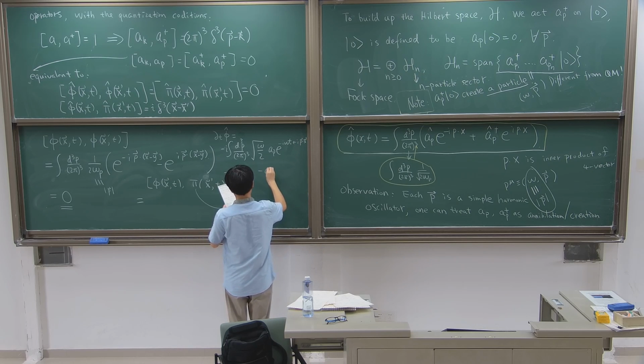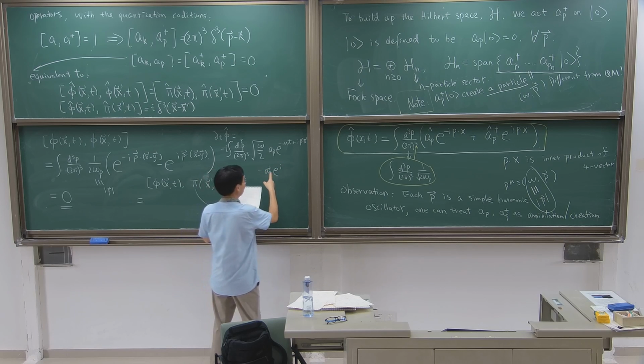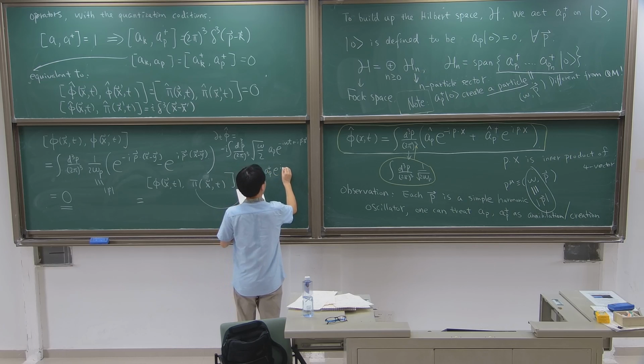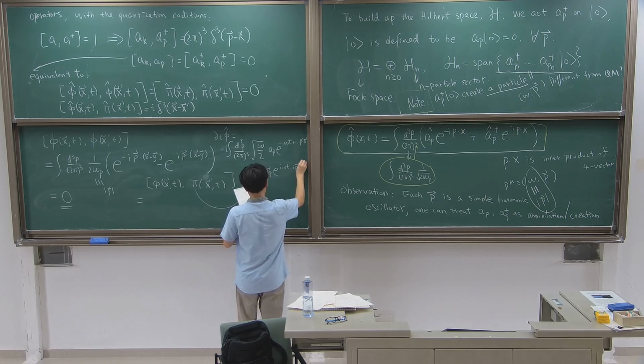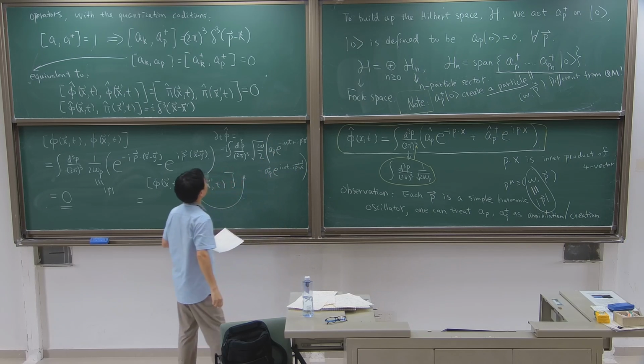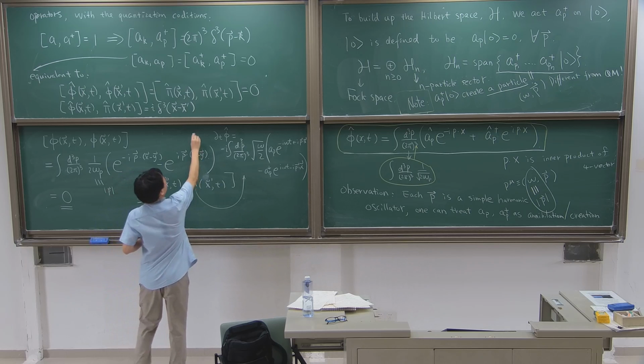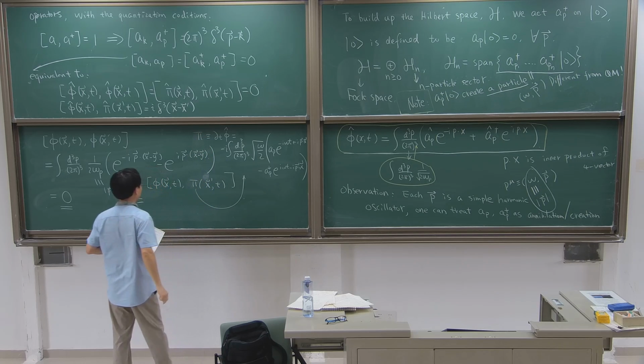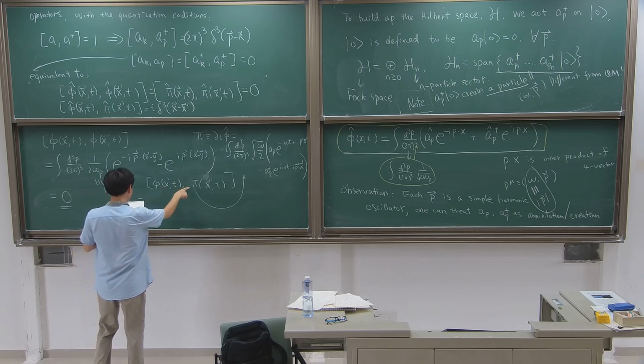Minus a_p. Sometimes I just skip this hat, so we always talk about that without confusion. Yeah, this is my pi. Find that partial t phi, then plug it into this one.